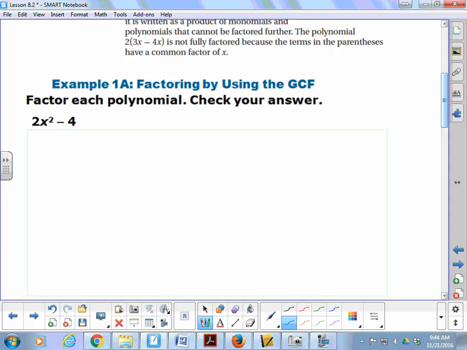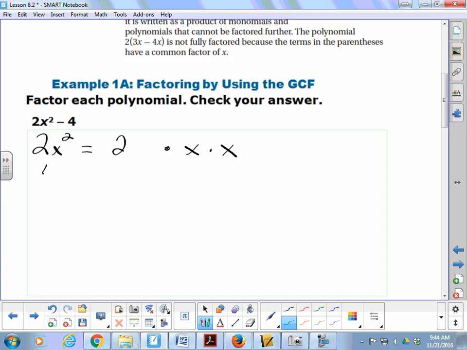So one of the ideas for doing this, if you don't see them right away, which not everybody does, would be to write the prime factorization. So if I take 2x squared and minus 4 and do the prime factorization of them, 2x squared is equal to 2 times x times x.